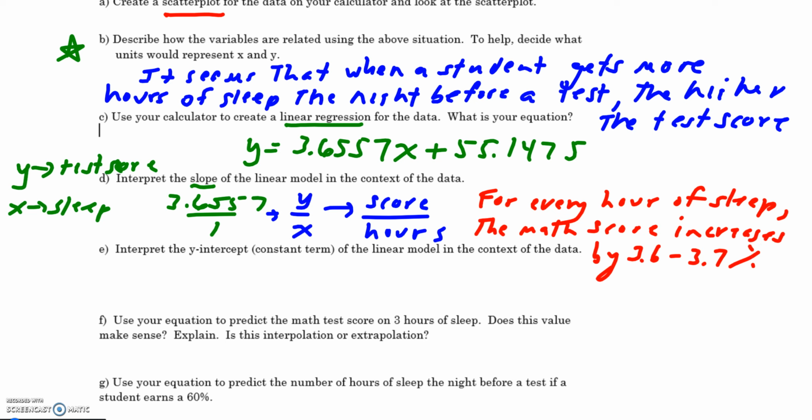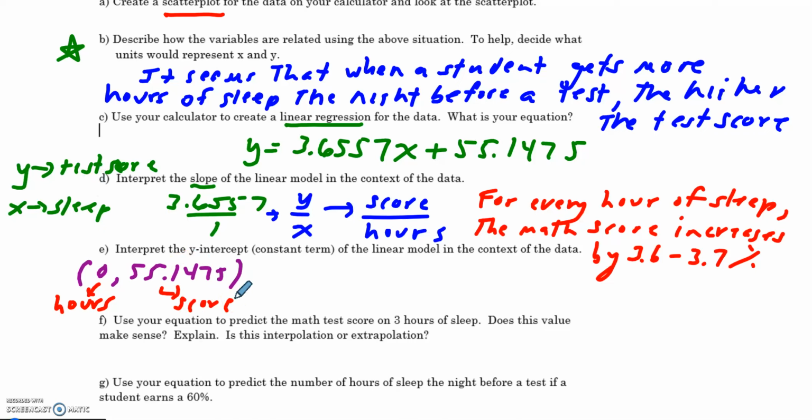What we also want to do is interpret the y-intercept. And if we look at our equation, the 55.1475 is my y-intercept. If I write it as a point, 0, 55.1475, we need to interpret what this means. Again, units still matter. The x values are still hours of sleep, and the y values are still your test score.